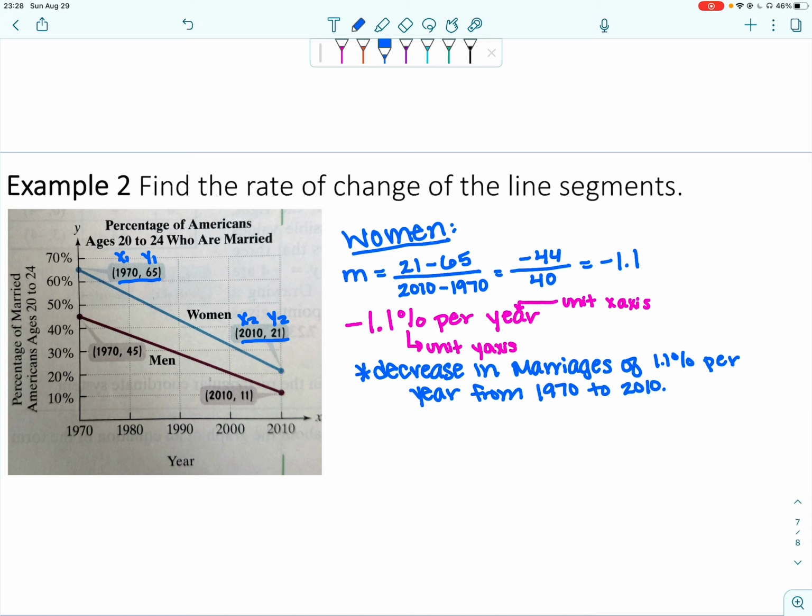Right? It's a decrease because the slope, the rate of change was negative, and it was 1.1%. That's what our unit is. And we're looking at this over a span of 40 years.